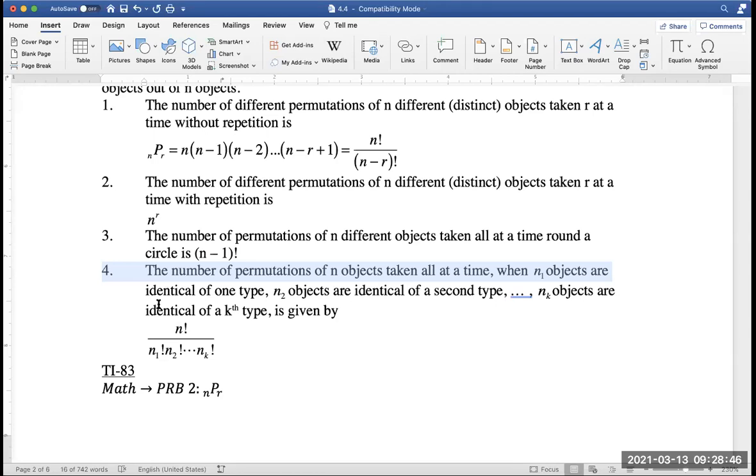So it's n factorial over n1 factorial times n2 factorial times and so on up to n sub k factorial.